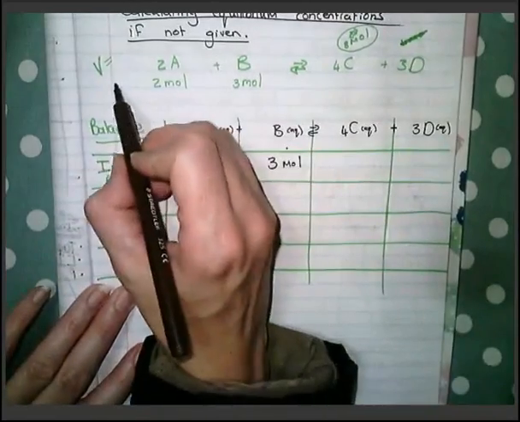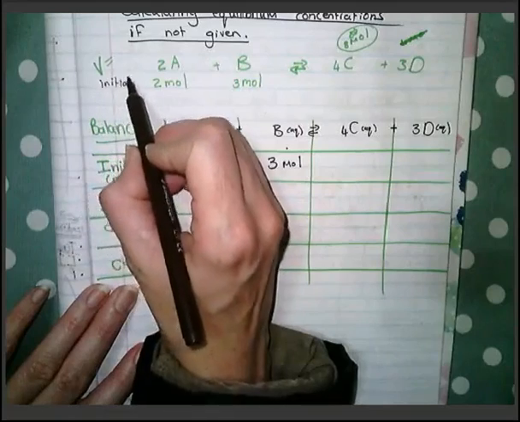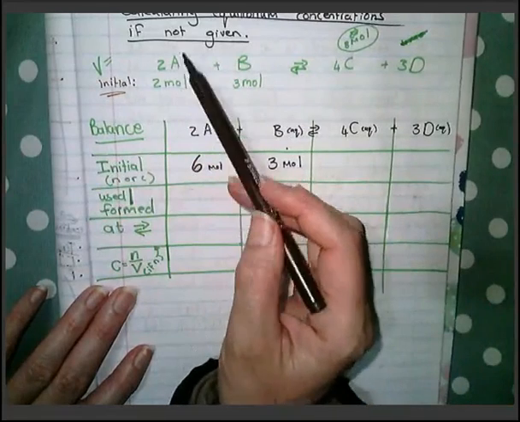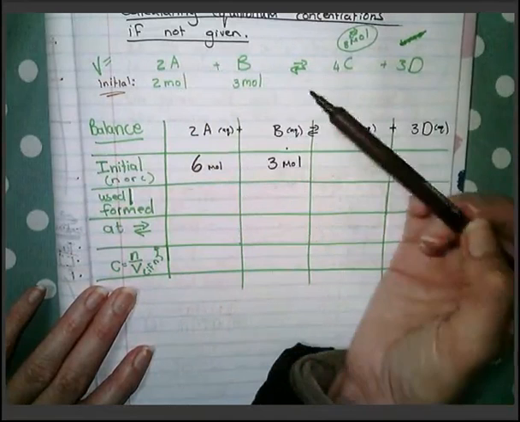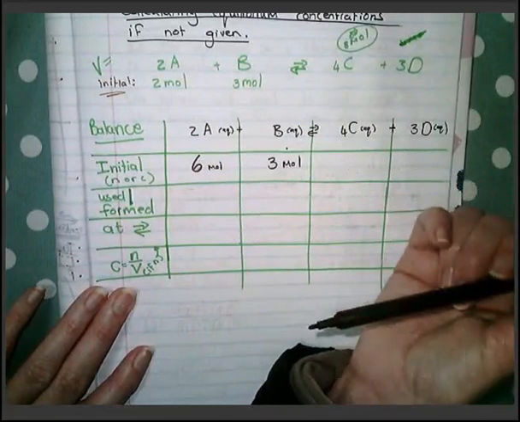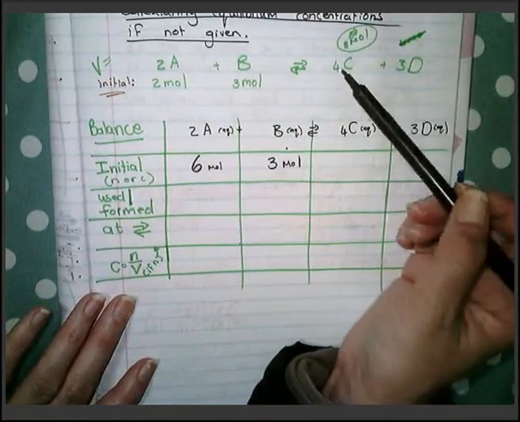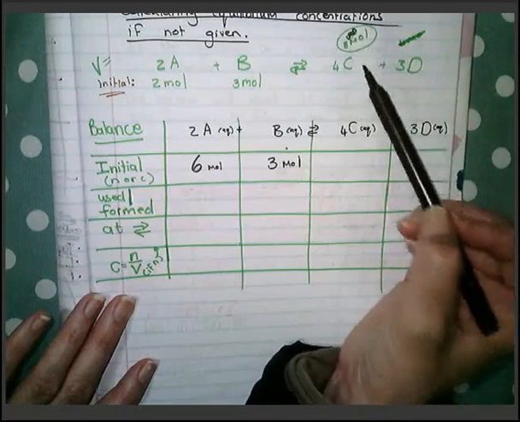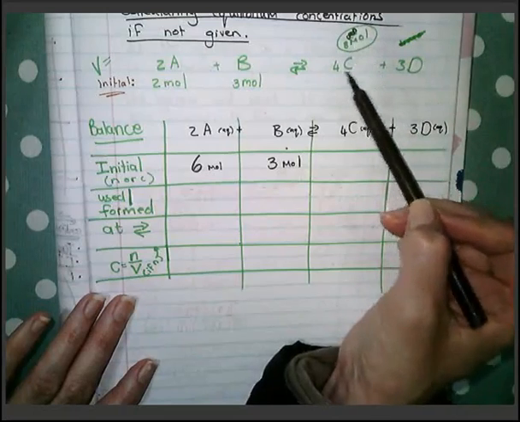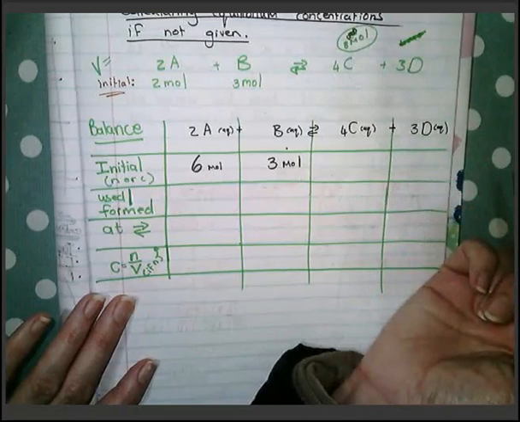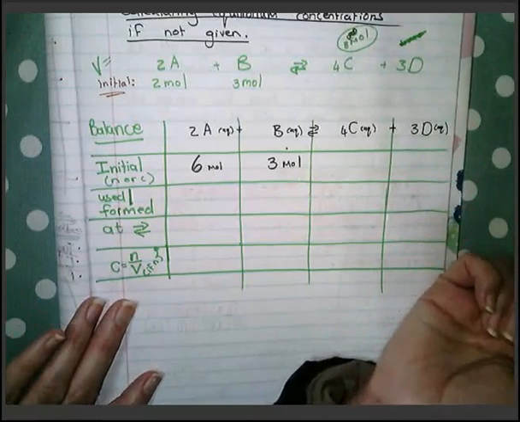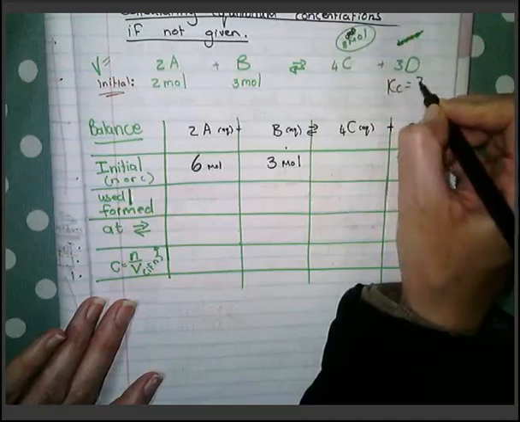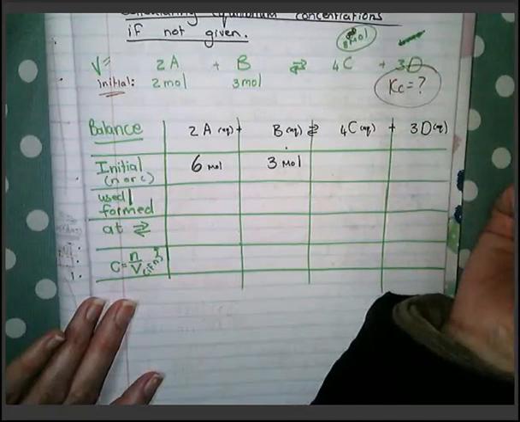Now, initially, given in this example is that we had 2 moles of A that we reacted with 3 moles of B. And when we eventually got to equilibrium, we had 8 moles of C. Right.